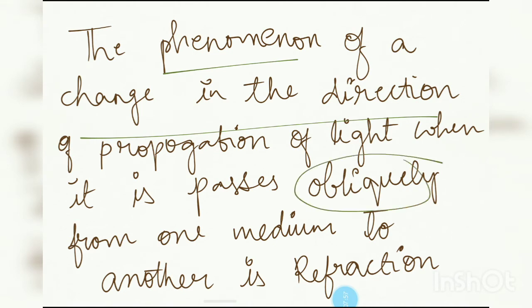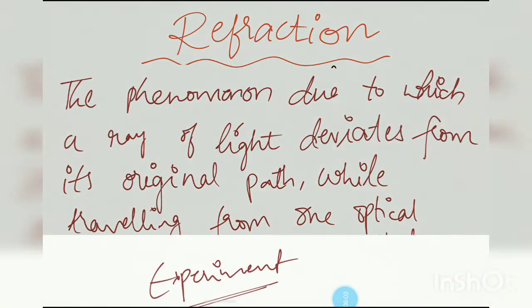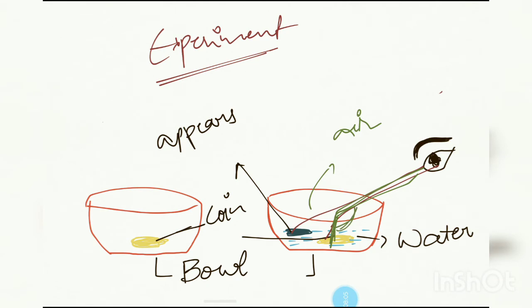Now what does the word obliquely mean? Obliquely means incident at an angle. So this ray of light will be incident at an angle, so that is going to make one angle, from one transparent medium to another transparent medium. So these two are transparent mediums, am I right? So that is refraction. I hope until there it is clear to you all. Now let's move on to the further topic.